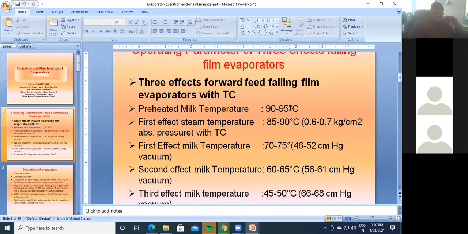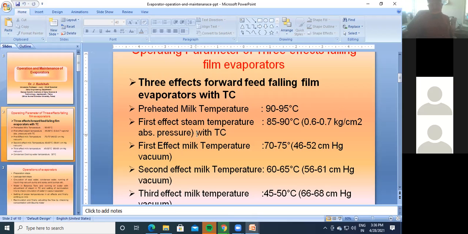There are 2 types of powder, low heat powder and high heat powder, depending upon the whey protein denaturation. If you want whey protein denaturation to a very high extent, high heat powder is desired. If whey protein denaturation is low, then low heat powder with preheating of the milk up to 90 to 95 degrees centigrade is required.